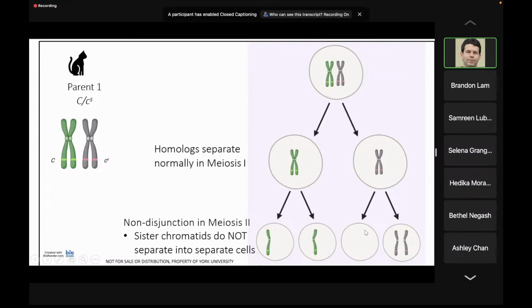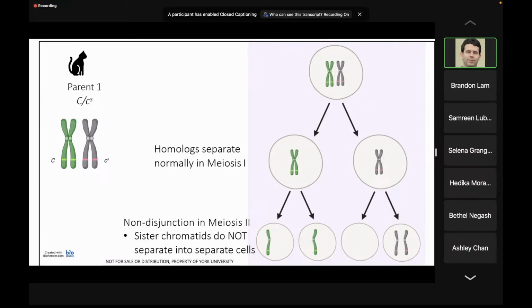Green happens like it normally should: one homolog goes in one cell, one in the other, a normal sperm or egg cell. But non-disjunction in meiosis 2 means this doesn't separate, and we get 2 copies of CS in one cell, no copies in the other cell.